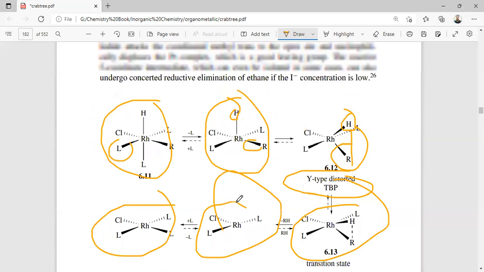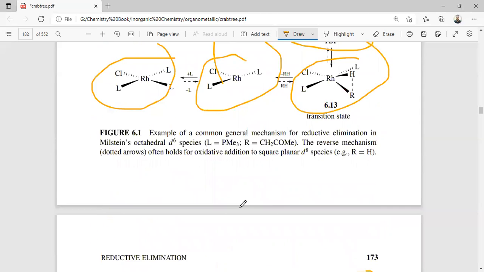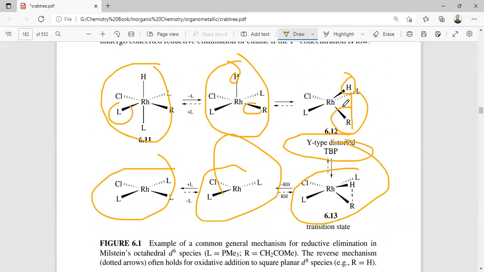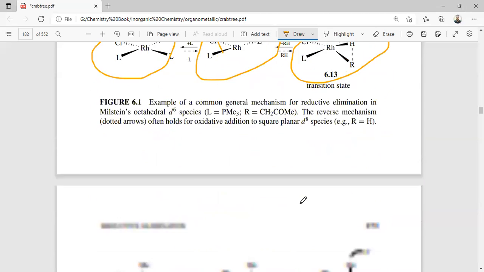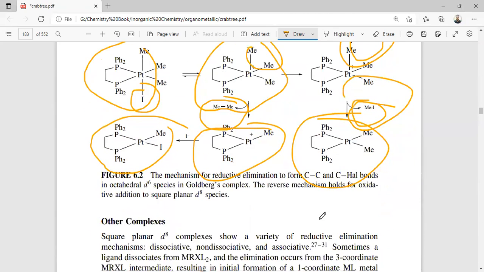So that means the 5-coordinated intermediate, which can be isolated in some cases, can also undergo reductive elimination of ethane if the iodide concentration is low. If the iodine concentration is low, then the ethane molecule is eliminated. If the iodine concentration is higher, then it attaches to the methyl to form methyl iodide by reductive elimination.